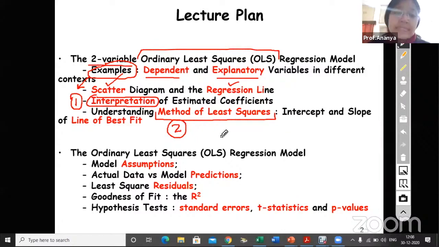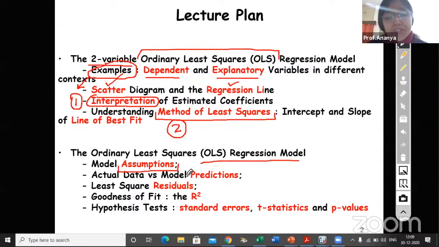And once we look at the regression results in Excel, we will see that a further understanding requires us to delve into precisely the technicalities of the ordinary least squares model. So we look at the model assumptions. Now, having done that, we're then going to move to another software, which is Stata, and you see that whether you use Excel, whether you use Stata, you get the same kind of results.